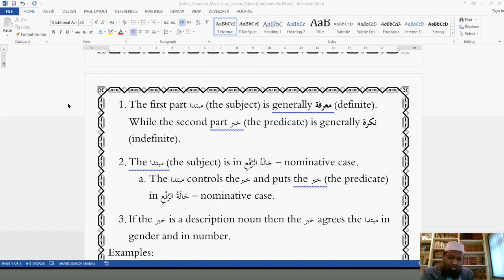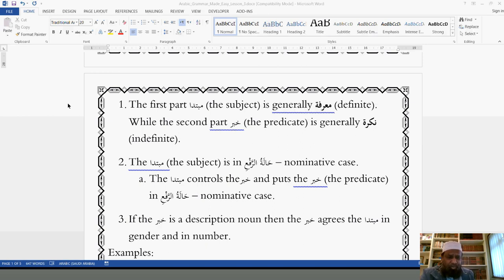But generally, most of the time we'll be using Ma'rifah isms for Mubtada and Nakira isms for Khabar. You may be asking, what is Ma'rifah ism? What is Nakira ism? Inshallah, everything we will learn. These two things we'll learn in the next lesson.